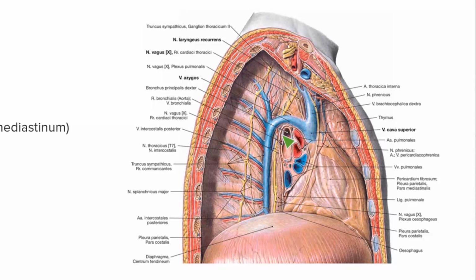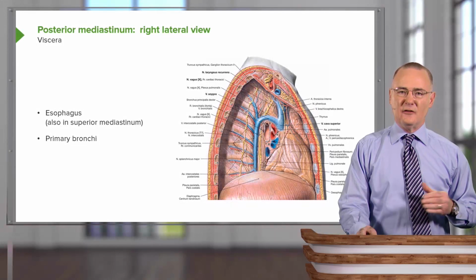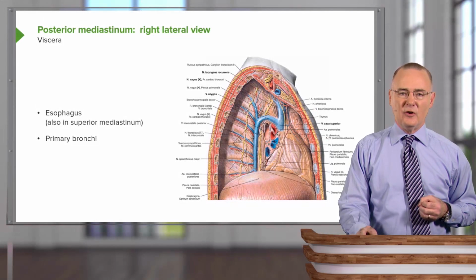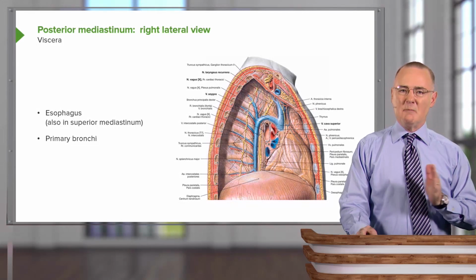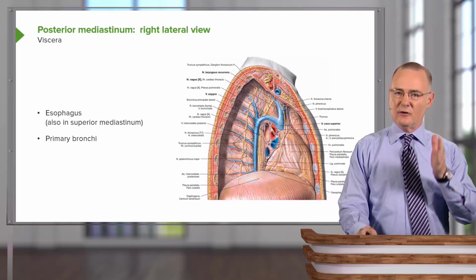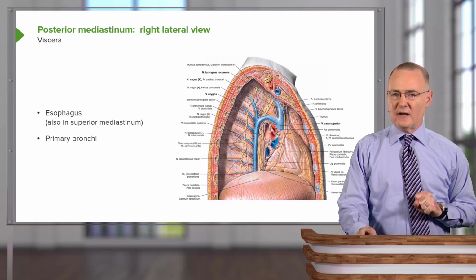Here in this right view, we see the right bronchus, and on the left side, we would have the left bronchus. Some anatomists will assign the primary bronchi into the middle mediastinum, but others will assign these, as I am, into the posterior mediastinum. I think it's simpler to keep that in mind because anything posterior to the posterior pericardium is then in the posterior mediastinum.